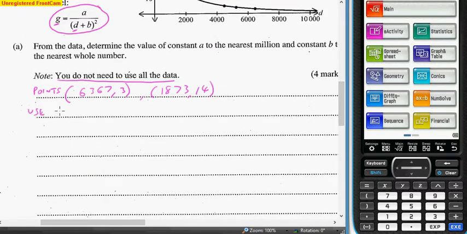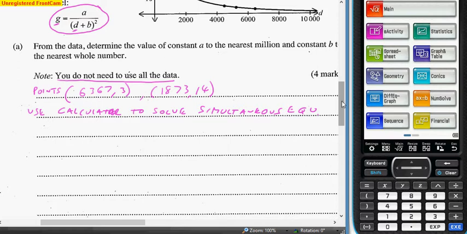Now I will explain what I'm doing. I'm going to use the calculator to solve simultaneous equations, and I'll write down what those equations are.